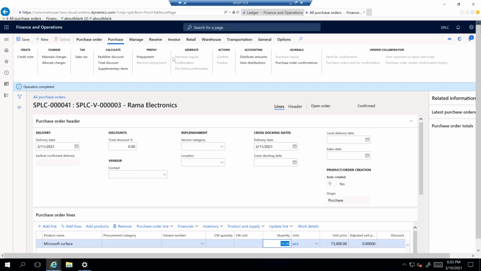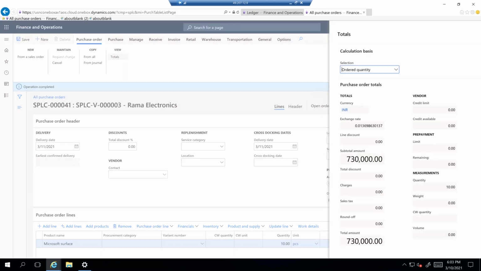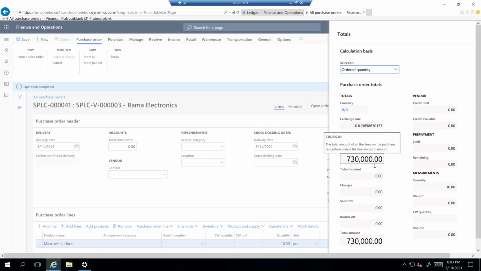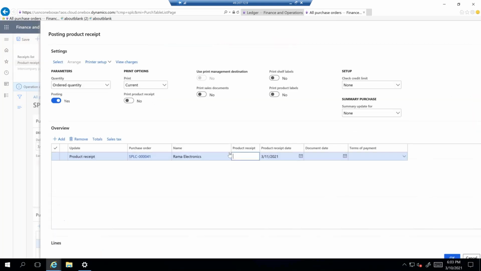So a USA company is importing from India, so they need to pay money in INR. So it is 7,30,000 Indian rupees. Okay, now product receipt. I'm doing product receipt. Click OK.